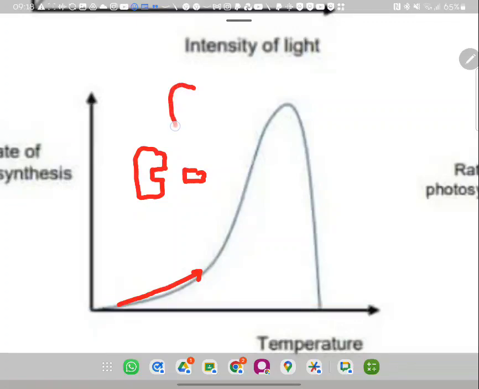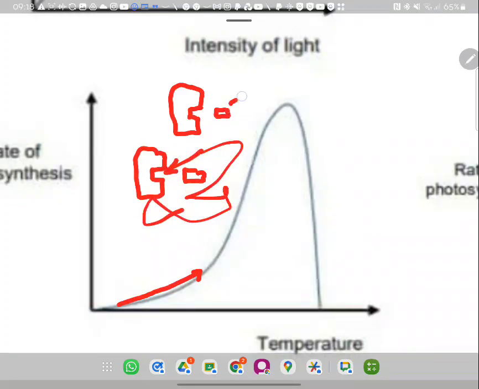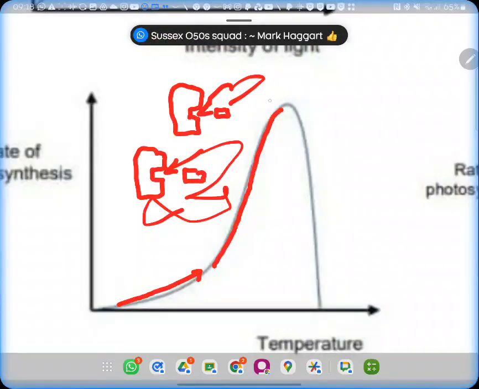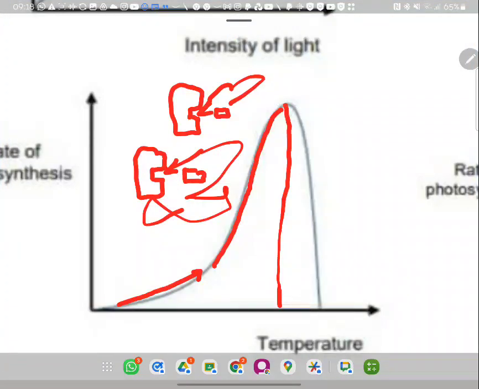And because there are hundreds and billions of substrate and enzyme molecules, remember they're all microscopic, they are constantly whizzing around and they will collide, substrate will collide with active site randomly. So if we increase the temperature, we increase the kinetic energy, we increase the speed of the particles, and there's more collisions between active site and substrate. That goes up and up until we hit the optimum temperature. Okay, the optimum temperature is the temperature at which there is the highest activity.